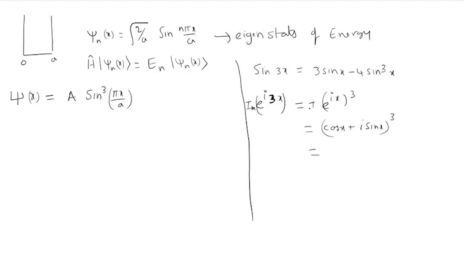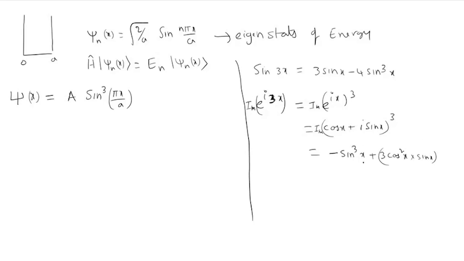If you try and do it, you will see that the imaginary part of this expression is minus sin cube x plus 3 cos square x times sin x.